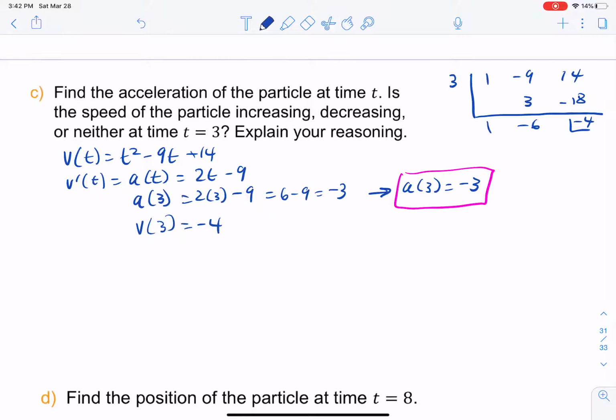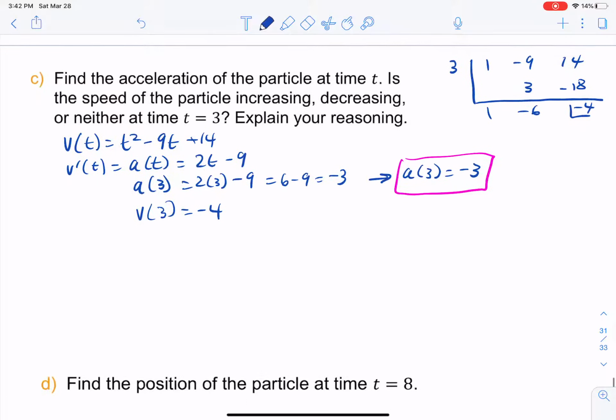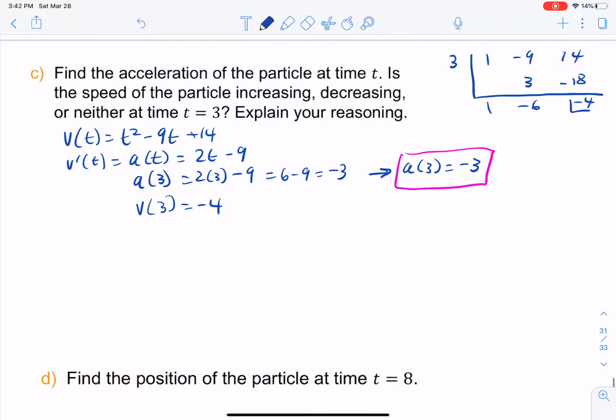There we go. So I can see that my velocity is negative and my acceleration is negative. They're both working together, and the speed is increasing. So that's what I'm going to say here. The speed, is this a particle? It is a particle. It's not somebody swimming in an Olympic-sized pool or something.